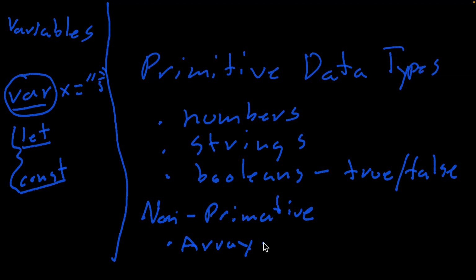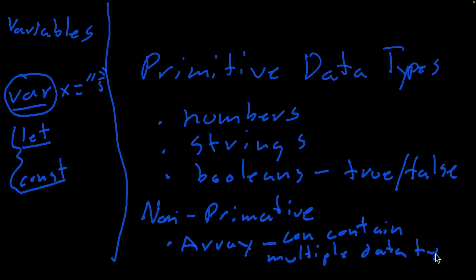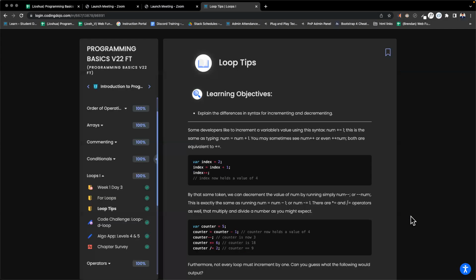They contain multiple numbers or strings. And so arrays look like this.